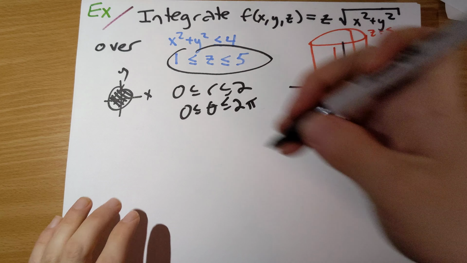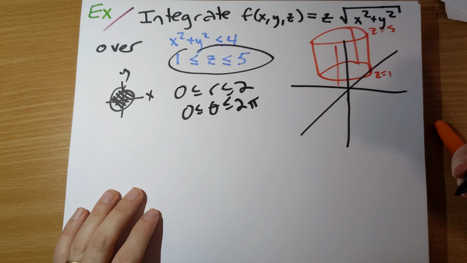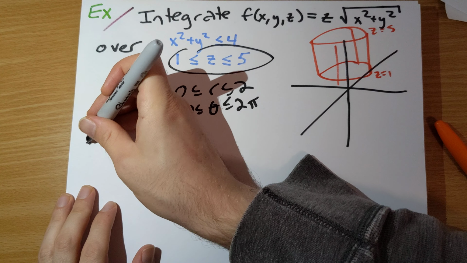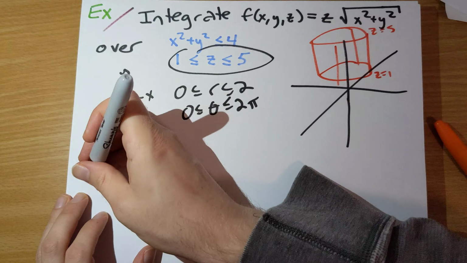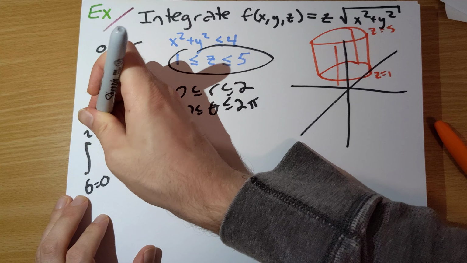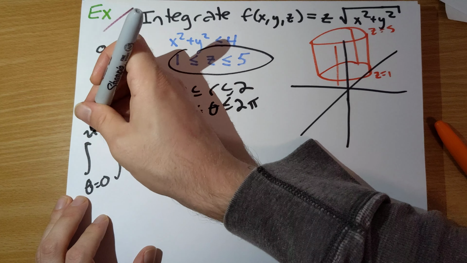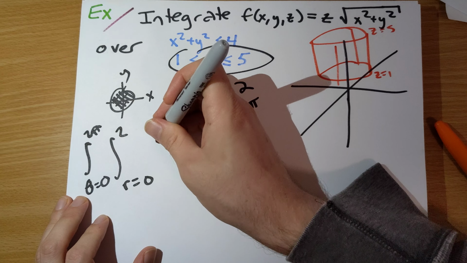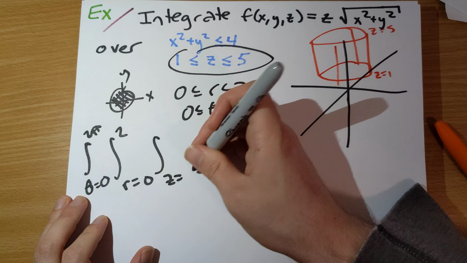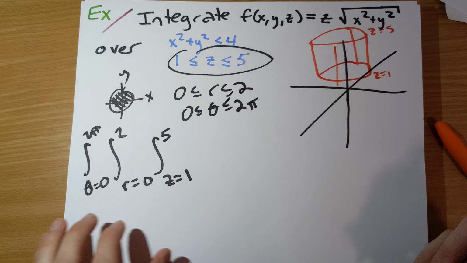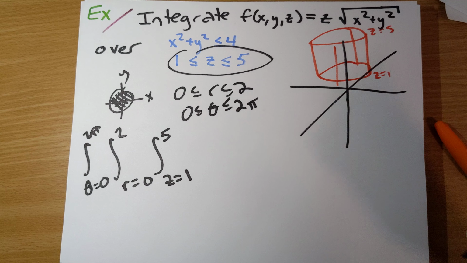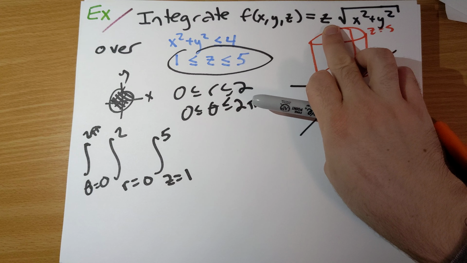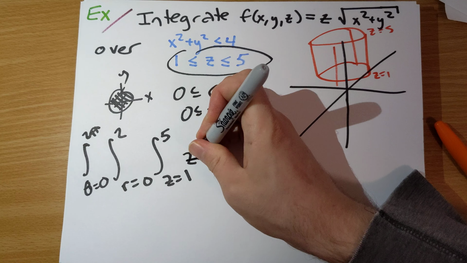So, okay, let's write down our triple integral. Theta runs from 0 to 2 pi. Start with theta. Then r runs from 0 to 2. Z runs from 1 to 5. And what is left now? Our integrand is z.